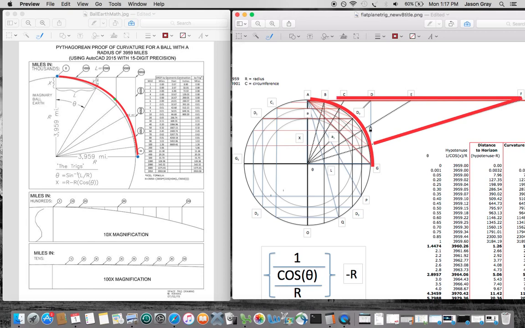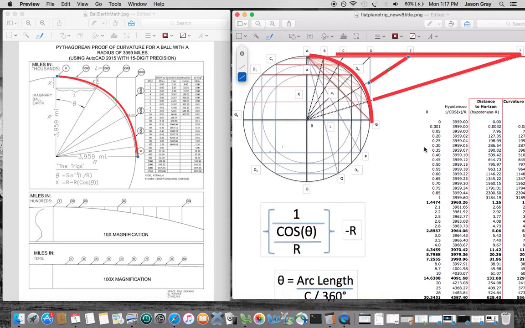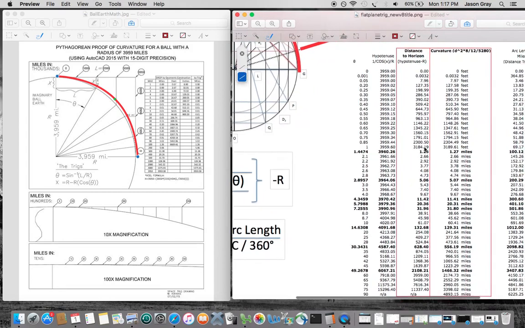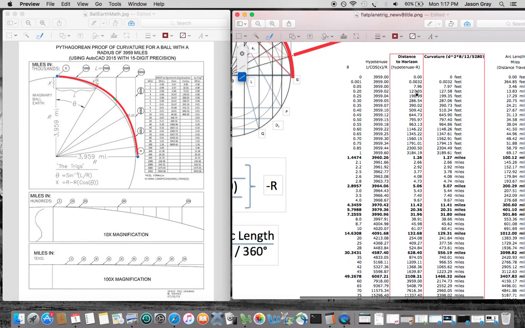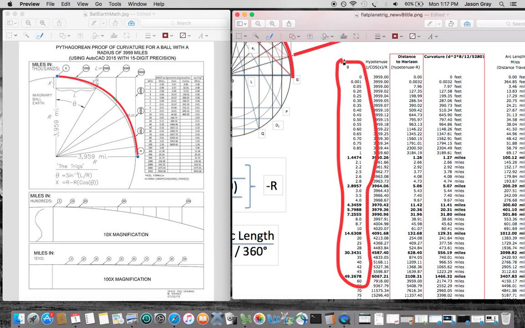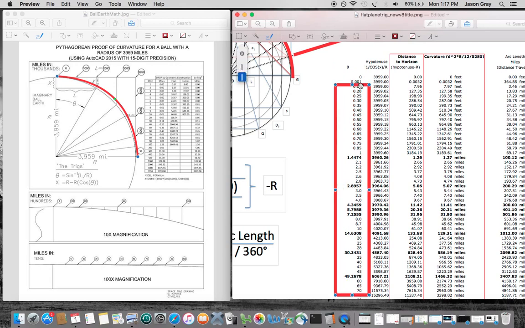Here it's at 60 degrees, here's 45 degrees, 30 degrees, 15 degrees, and smaller, smaller, smaller. So that's what these columns are describing. This is the actual distance to horizon, and this column is the actual degrees away from the axis, if that makes sense.